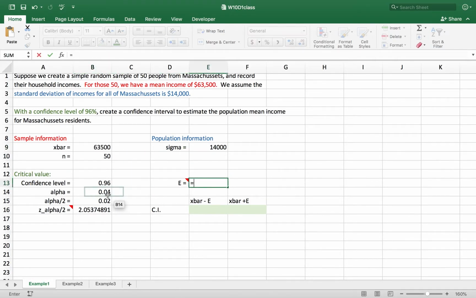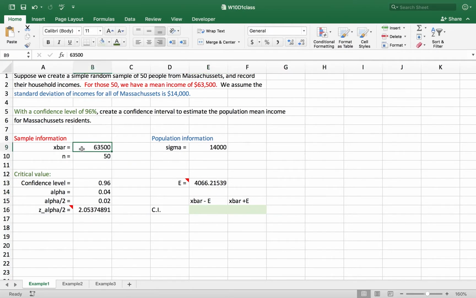So we just have to do a bunch of cell references to make this computation complete. So z alpha over 2 times sigma divided by the square root of our sample size. This is the margin of error. This is how far we want to widen our point estimate into a confidence interval. We're going to move roughly 4,000 away from our best guess, which is x bar.